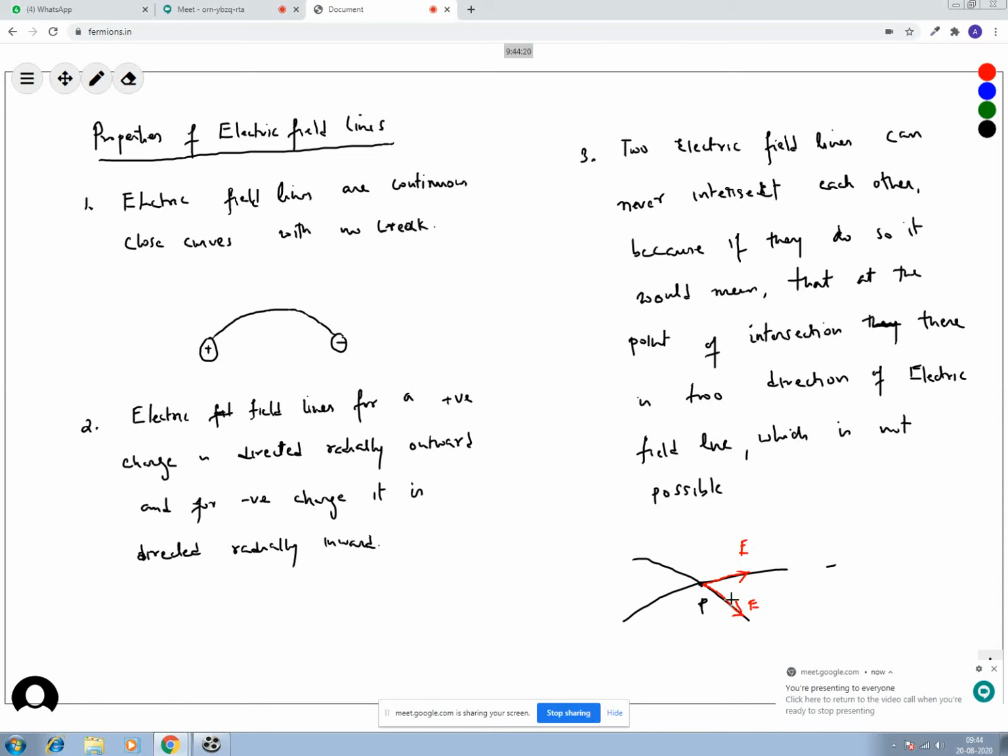Is it possible? It is not possible. If I place a test charge here, which way will it go? Will it go left or right? So this is not possible. Electric field lines can never intersect each other. That is one of the very important properties.